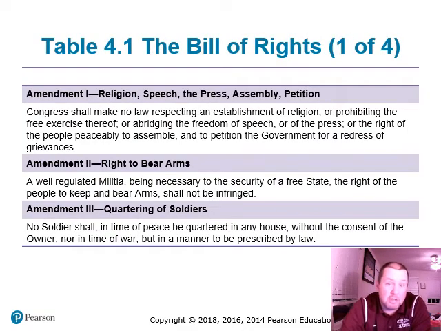The next couple of slides are literally just a rundown of the actual Bill of Rights. So you're welcome to pause these. I'll stop on each one for a moment in case you want to pause them, but obviously we went over these last Thursday already.